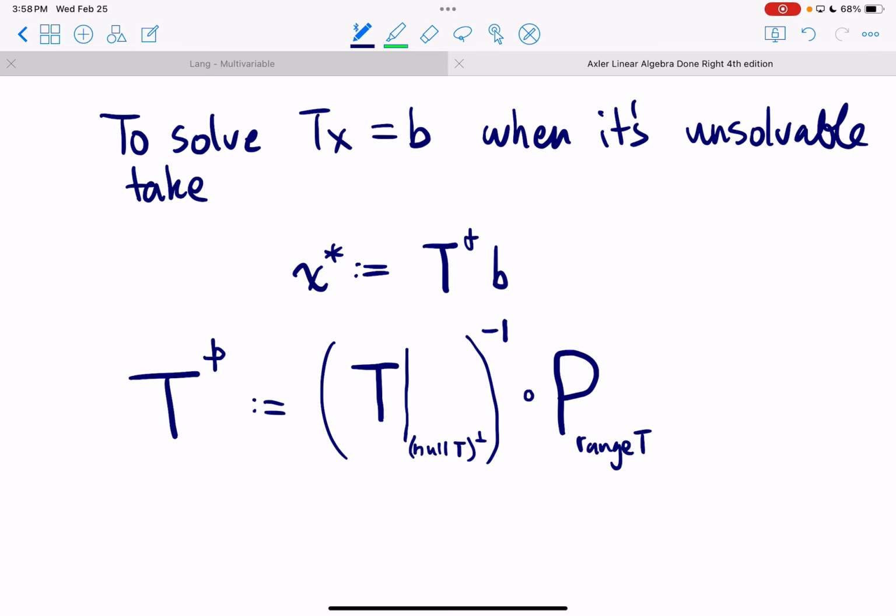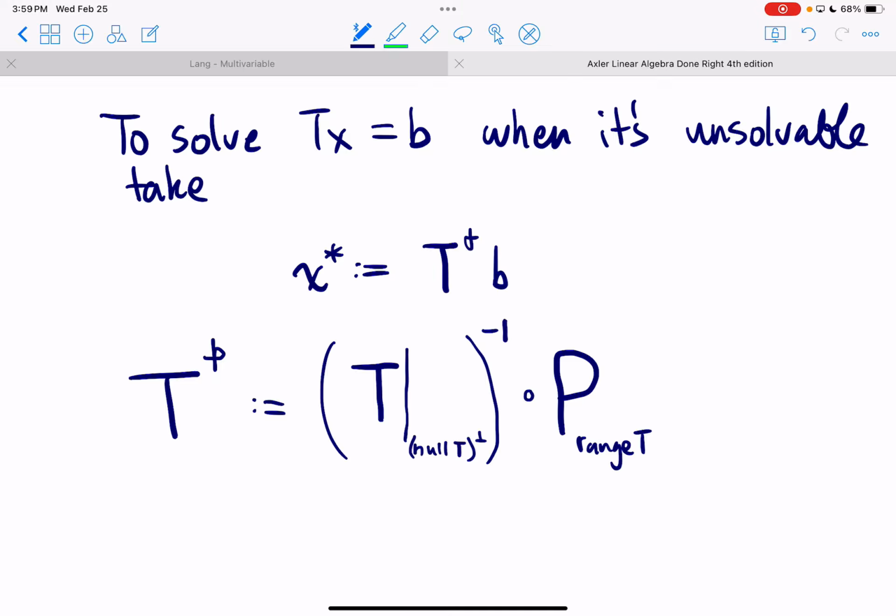Does this make sense? Now, when you have the null space, you can choose many different direct sum complementary spaces. But what's going to give us the smallest norm is that we're choosing this one. That's why we choose this one.